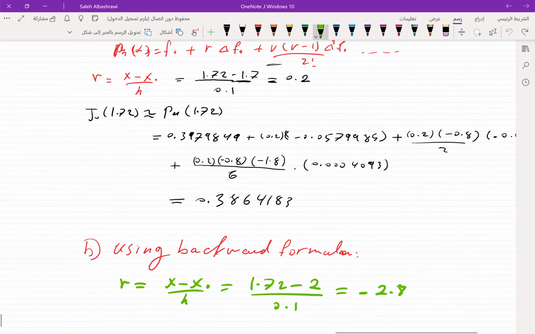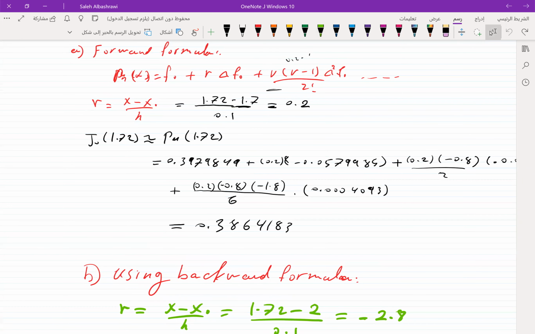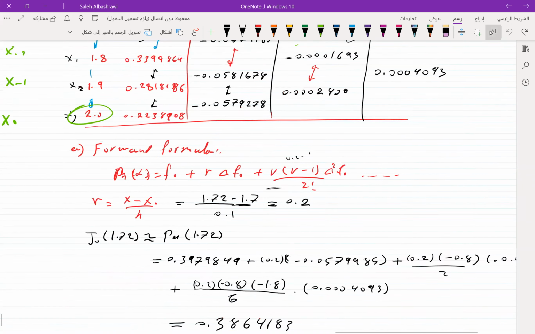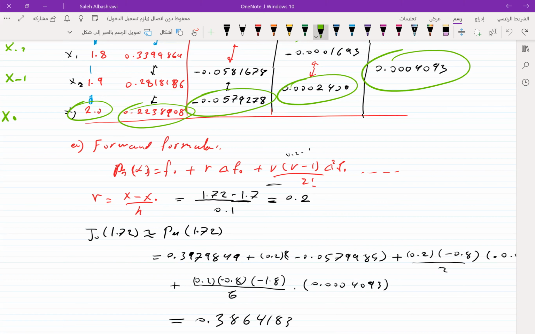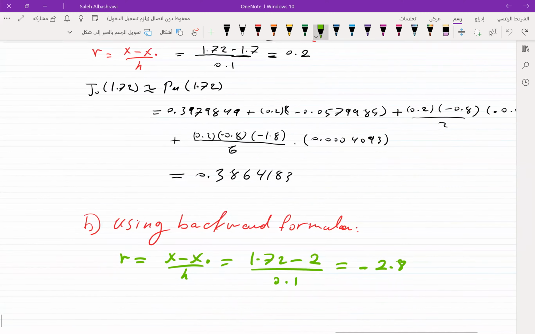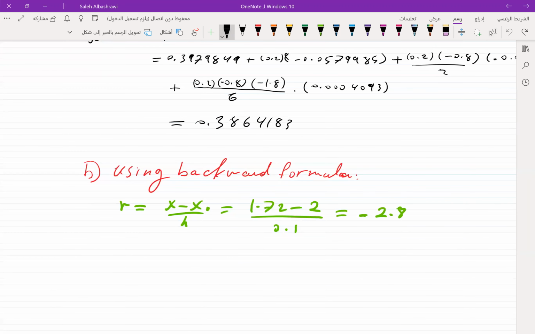This is one thing. Another thing, since we reverse the order of the x, we are going to use the last entry in each column for the backward. In this case, g sub 0 of 1.72 approximated by Pn.